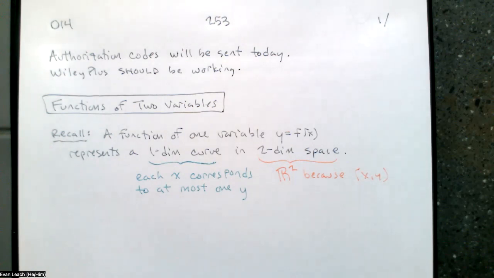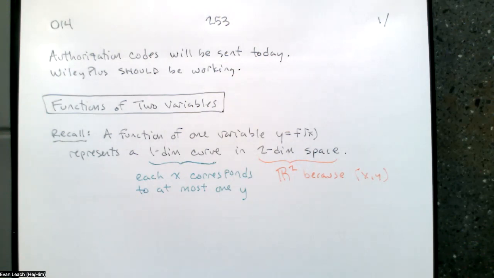Could be no value of y, but at most one value of y. Note that each y could correspond to multiple values of x. But as far as writing y as a function of x, as long as each x corresponds to only one y, or at most one y, we'll get a function.